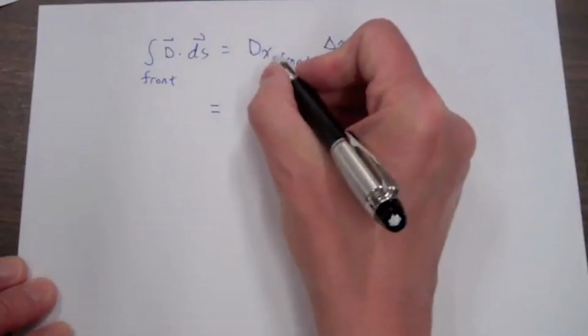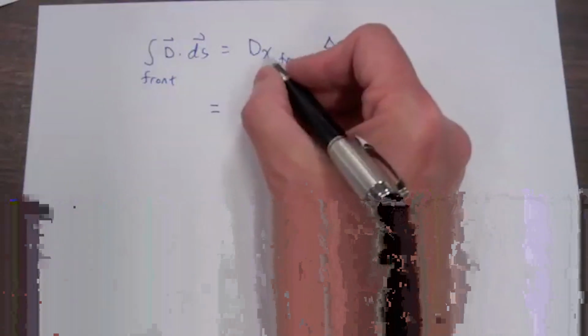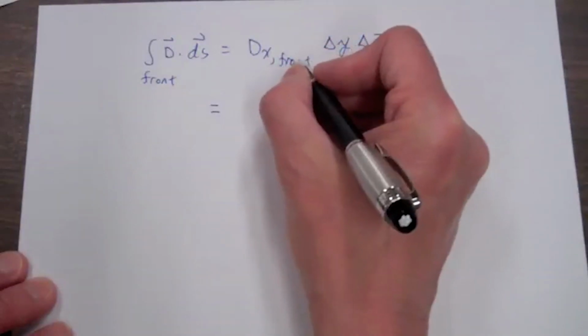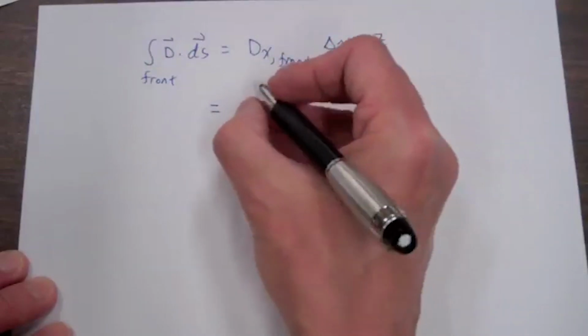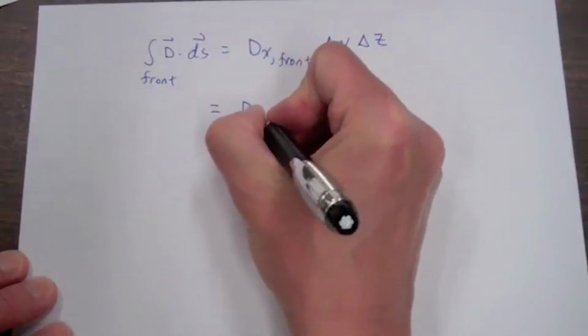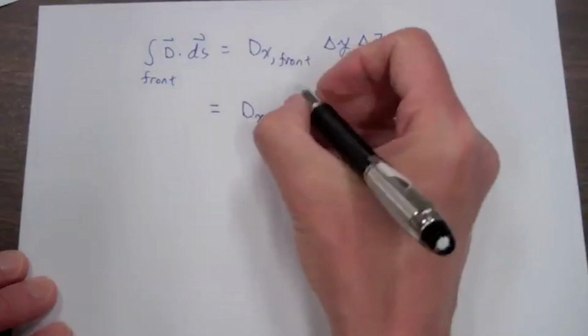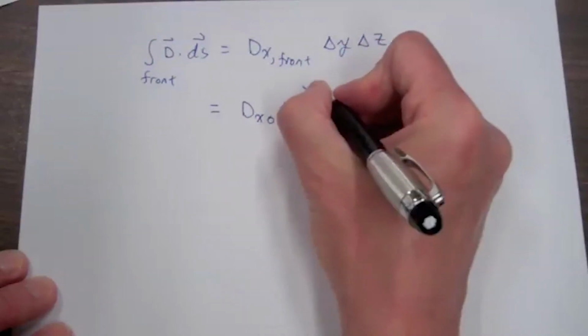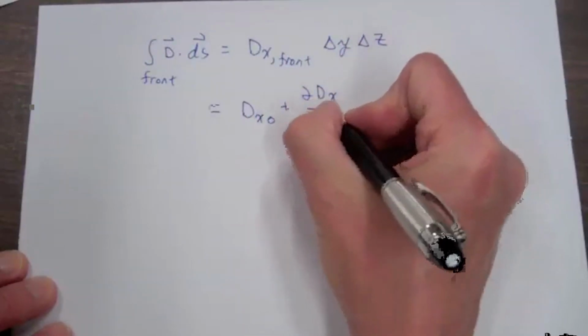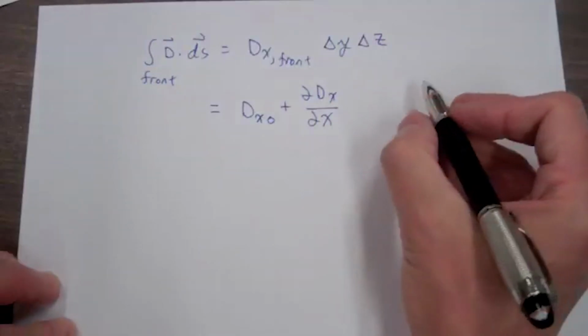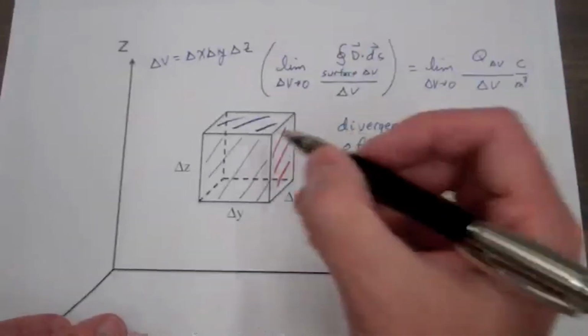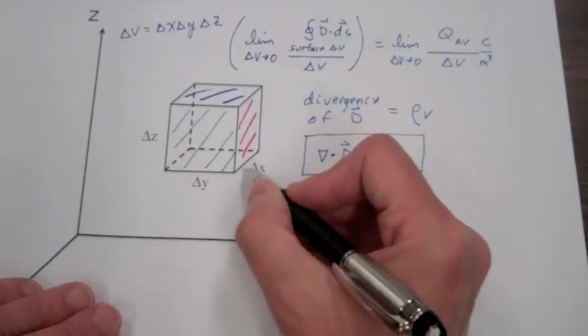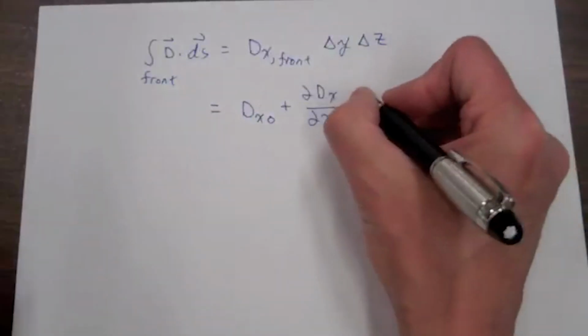And using the technique we just looked at, our estimate for D sub x on the front face is the value of D sub x in the center plus the rate that D sub x is changing with respect to x times the distance from the center of the cube to the front face, which is just delta x over 2.